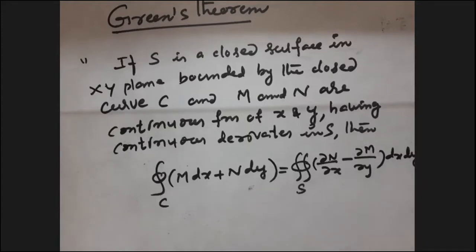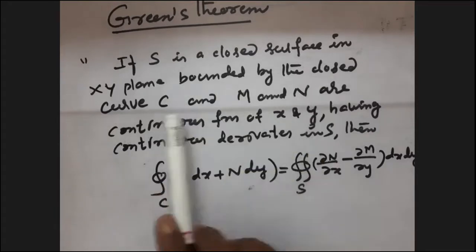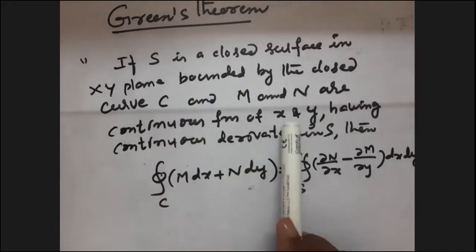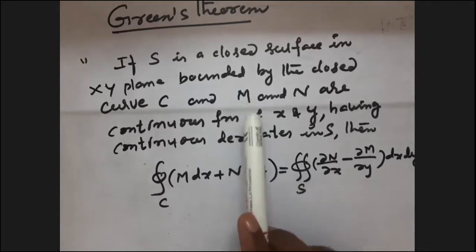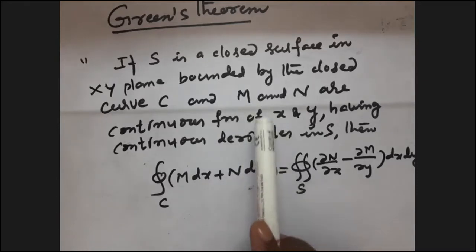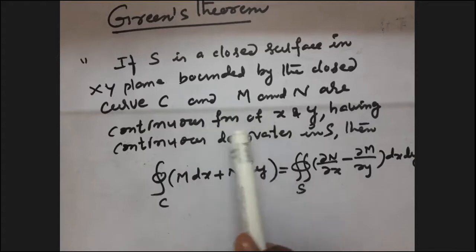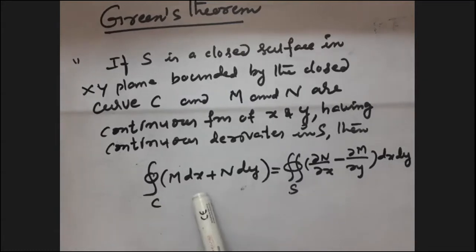So let me repeat. If S is a closed surface in the xy plane bounded by the closed curve C, and M and N are functions of x and y, and their derivatives dou M by dou x, dou M by dou y, dou N by dou x, dou N by dou y are continuous in that closed surface, then Green's theorem states closed integral over C M dx plus N dy equals surface integral of dou N by dou x minus dou M by dou y dx dy.